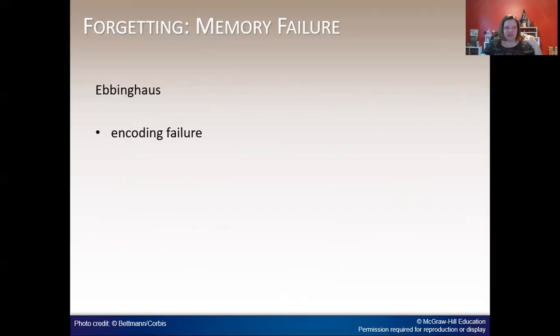So Ebbinghaus says forgetting is what we would call a memory failure. So we either have an encoding failure, meaning how we initially processed the information wasn't quite correct, or we have what they call a retrieval failure or an interference. Again, adding information that wasn't there, taking away information that was there.